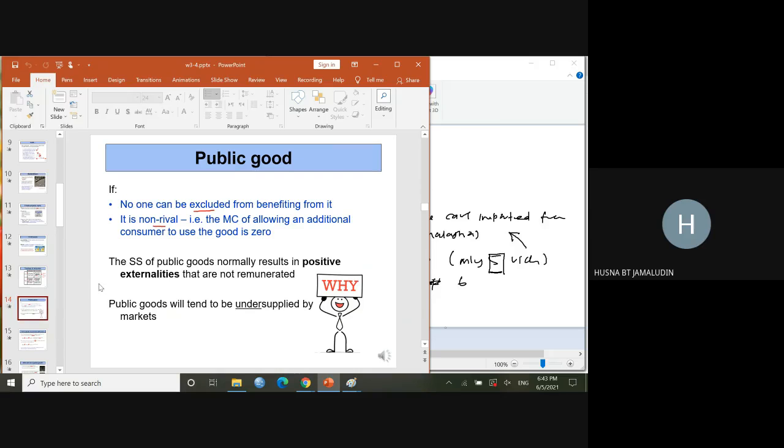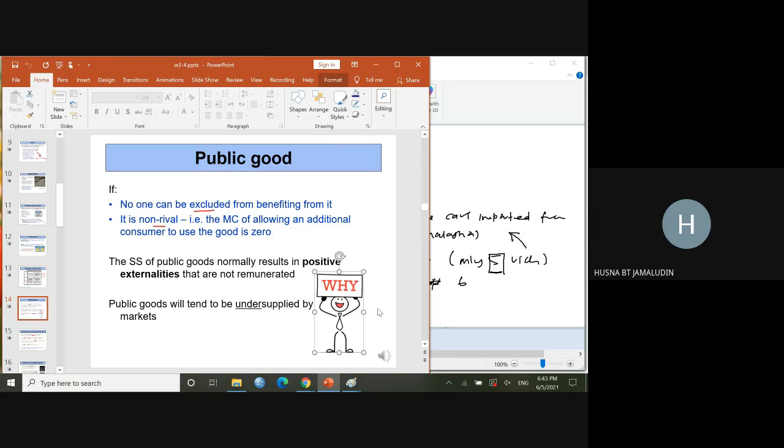Okay, so my question is about public good. Let me read the point first. Public good will tend to be undersupplied by the markets. So my question is raised by this point: why is that? Why will public good be undersupplied by the market?